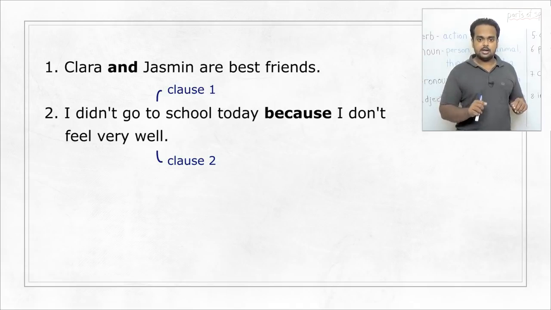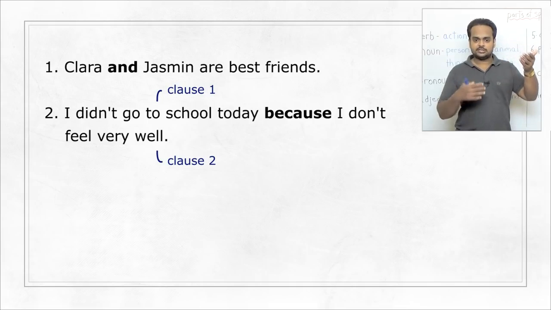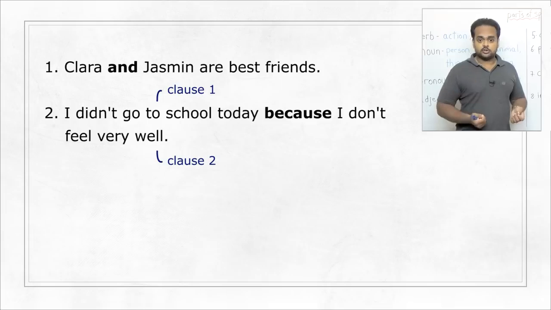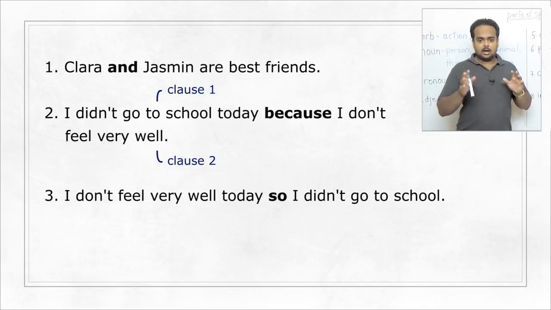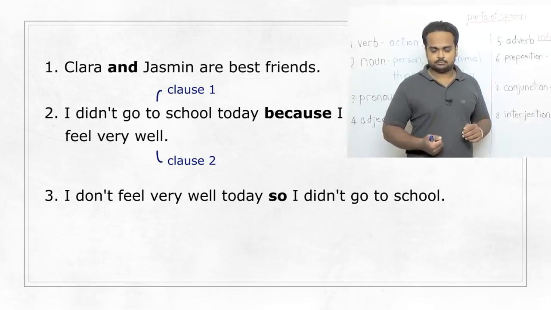The conjunction here is because, and it shows us this reason and result relationship. Notice that we can also say, I don't feel very well today, so I didn't go to school. In that case, the conjunction would be so.